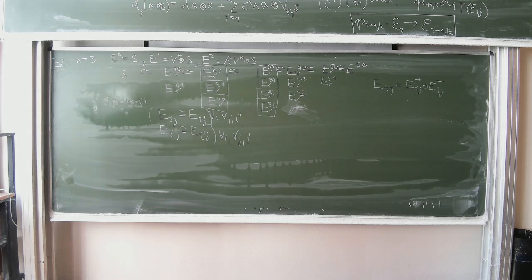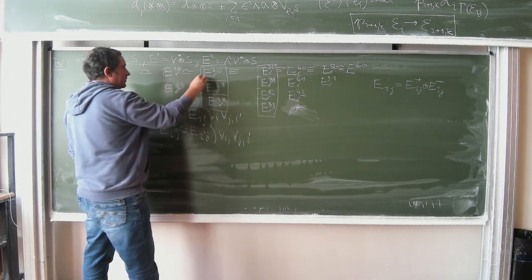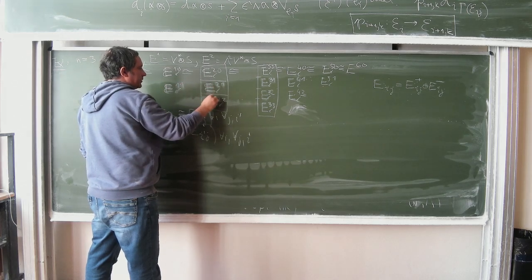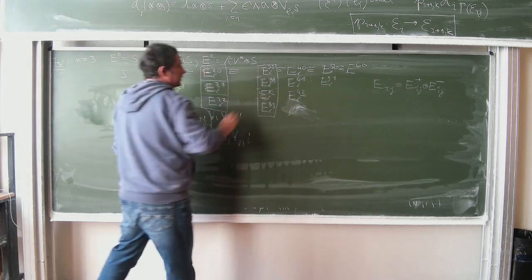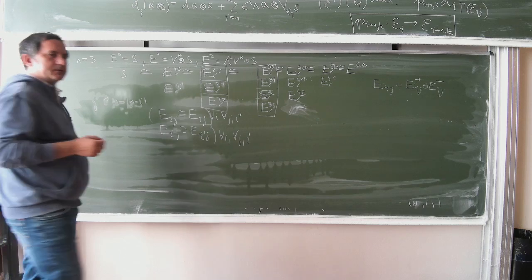So now we can make the diagram calligraphic. We can change all the letters into calligraphic. Why not? I will do it only with some of them. And then we have these connections.